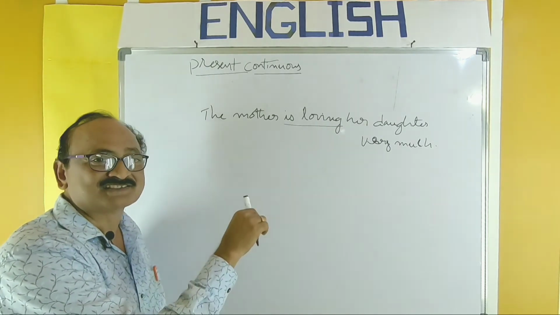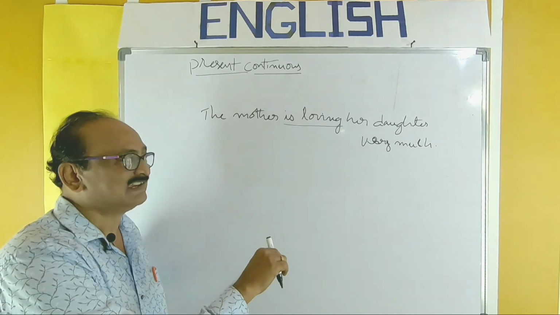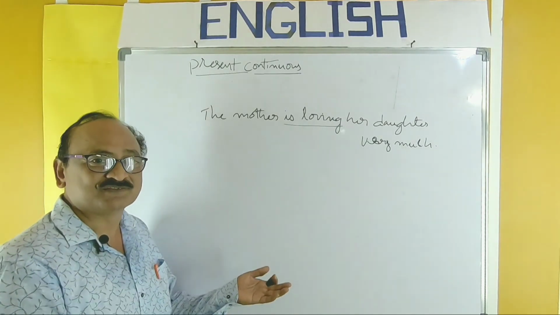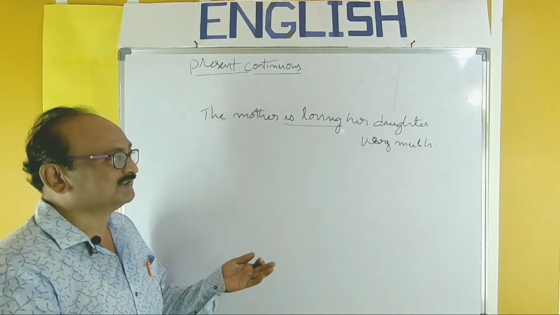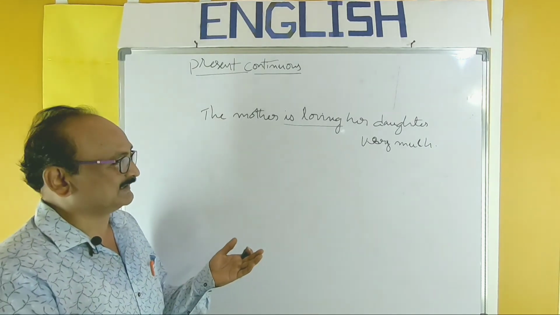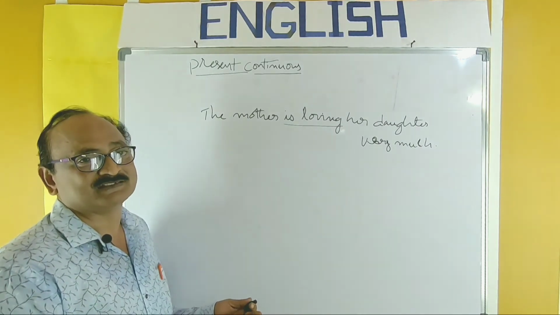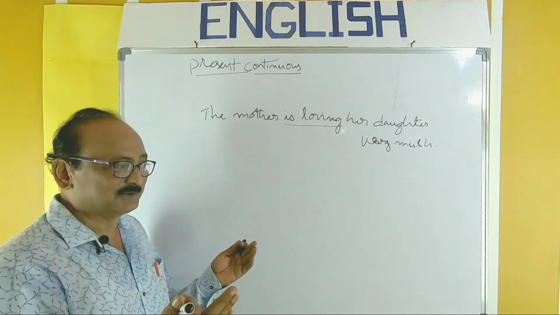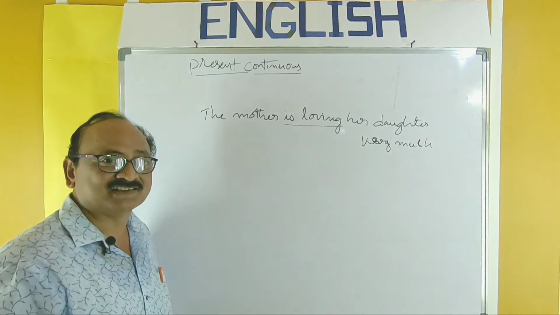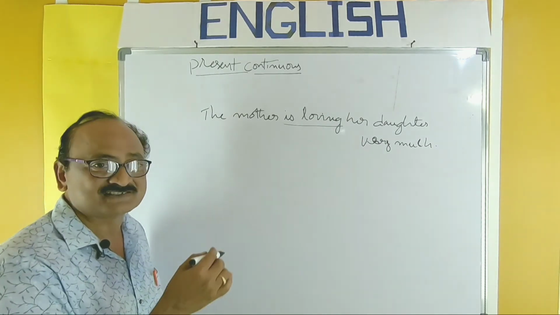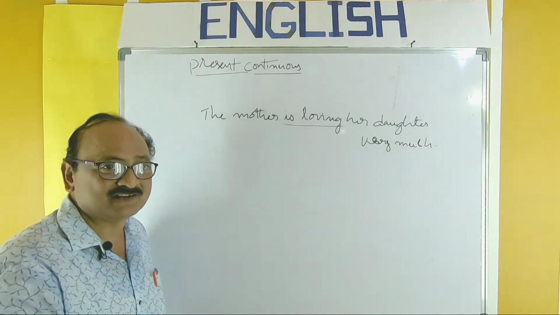That sort of feelings, emotional activities cannot be expressed in present continuous because they don't have physical form. So, we cannot witness that action in performance, just as we witness that I am writing, she is watching. This sort of verbs don't have that sort of physical form.